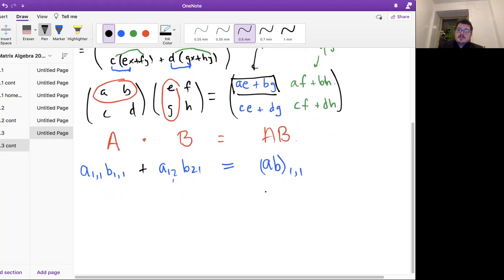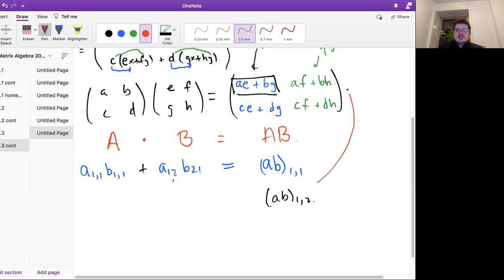So AB12. For AB12, which row do we look at in the first matrix? So this is this entry here. What row do we look at in the first matrix? The first row. Remember, this also comes from the first coordinate in terms of the function.